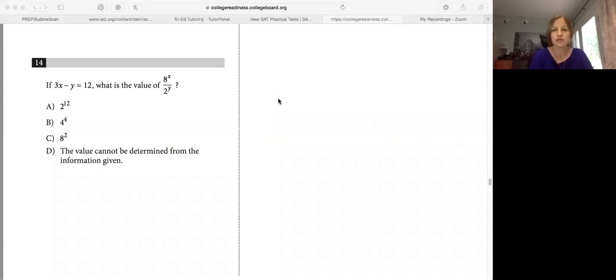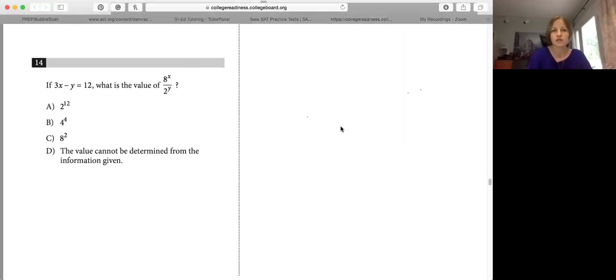The other method to use is to use algebra, right? So if we use the algebra skills that we have, we have a system of equations here.